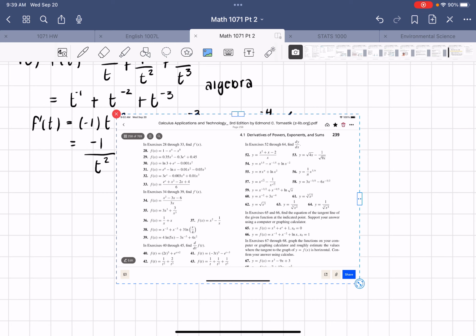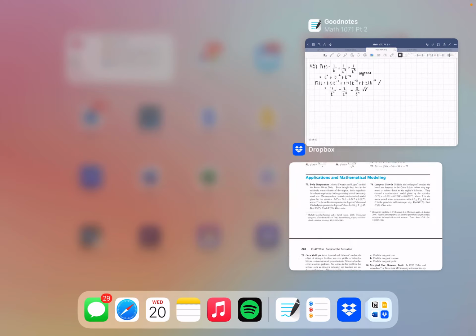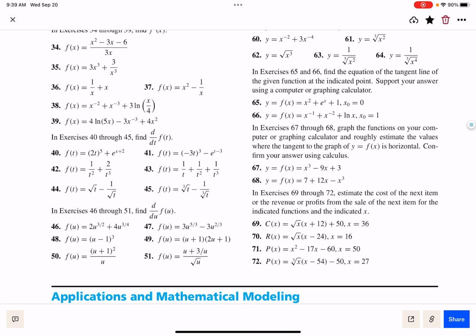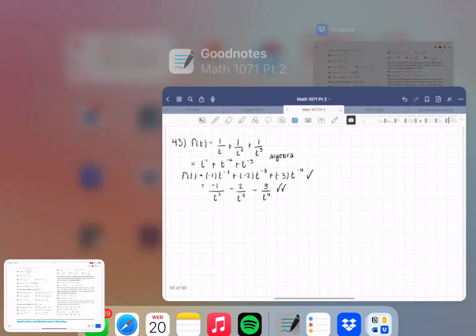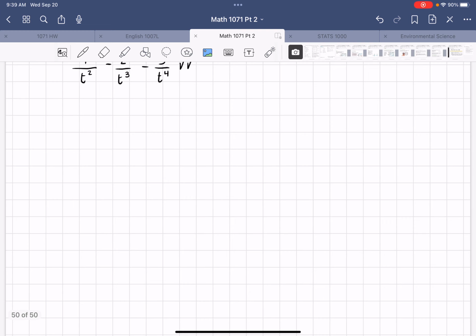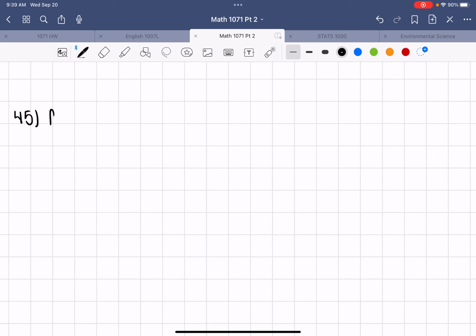So, number 45. Here we have f of t is the cube root of t minus 1 over the cube root of t. Okay? Do you remember fractional powers are roots?